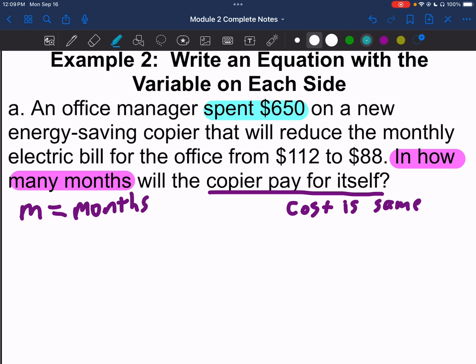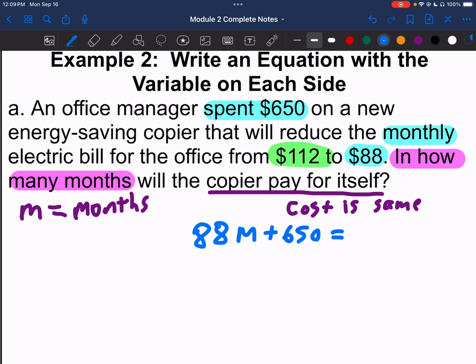And it's going to cost $88 per month to run this fancy new copier. So one side of my equation is $88 times the number of months plus the cost of the copier itself. And we're going to set that equal to, we need to find out what the cost was before, and that's going to be $112 per month.